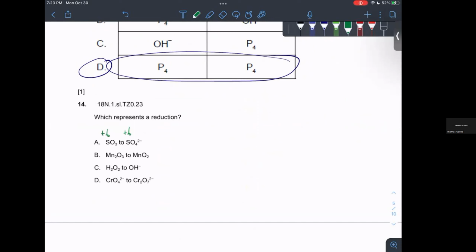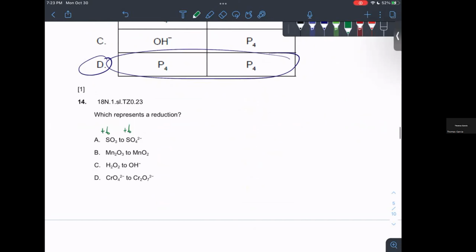We have Mn2O3, so that's going to be 6 minus, so each of these individually are going to be 3 plus. Going to MnO2, that's a +4. I'm just all willy-nilly with where I'm putting the plus, but it's okay. That's an oxidation. I'm going from -1 to -2. Oh, there's my reduction.